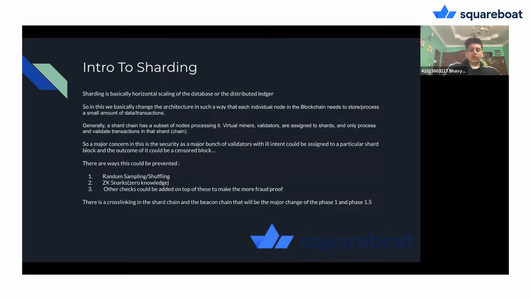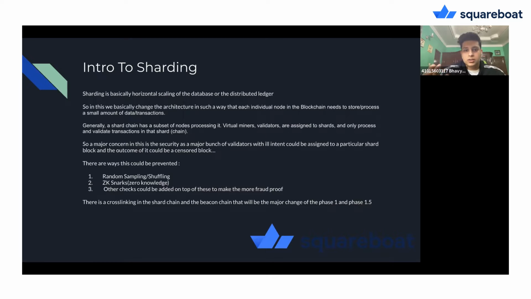So that's what I talked about with sharding earlier, how we are thinking about scaling the previous proof of work chain to greater heights. Imagine there is a block and you have 10,000 validators.